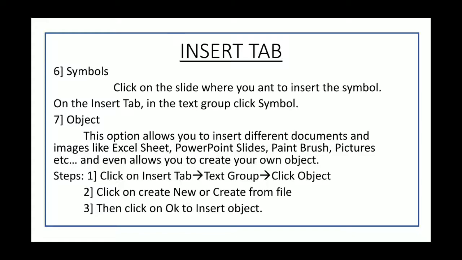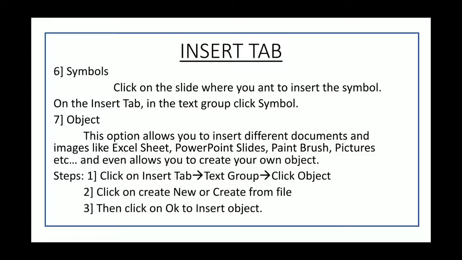At that time you can click on paintbrush, create new object. That file will be displayed on the screen, and there you can draw the paint file, which will be inserted into your PowerPoint presentation.